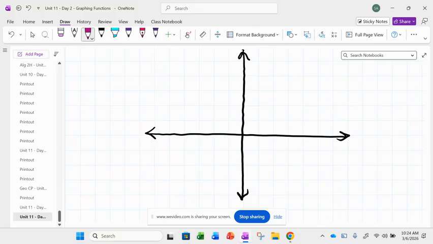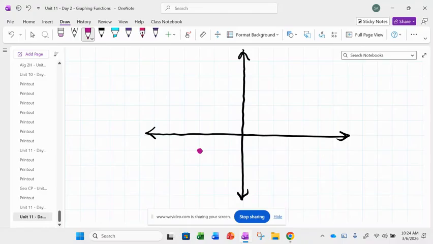My vertex was originally on my parent graph at 0, 0. But because of the shifting, we are now going 3 left, 1, 2, 3, and 1 unit down. This is my new vertex. I'm not sketching yet. I just moved my vertex.